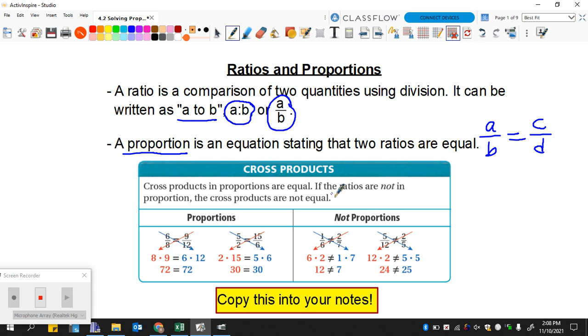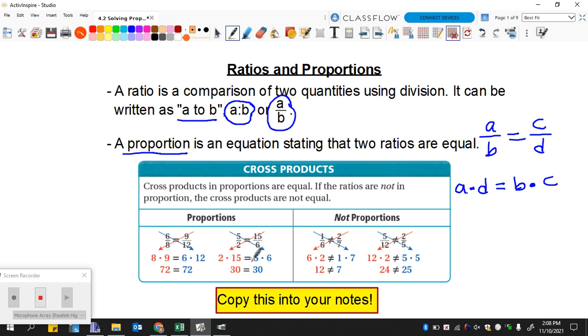If the ratios are not in proportion, the cross products are not equal. So in this case, a cross product would be A times D is equal to B times C. If they are equal, then it's a proportion. If they're not equal, it's not a proportion.